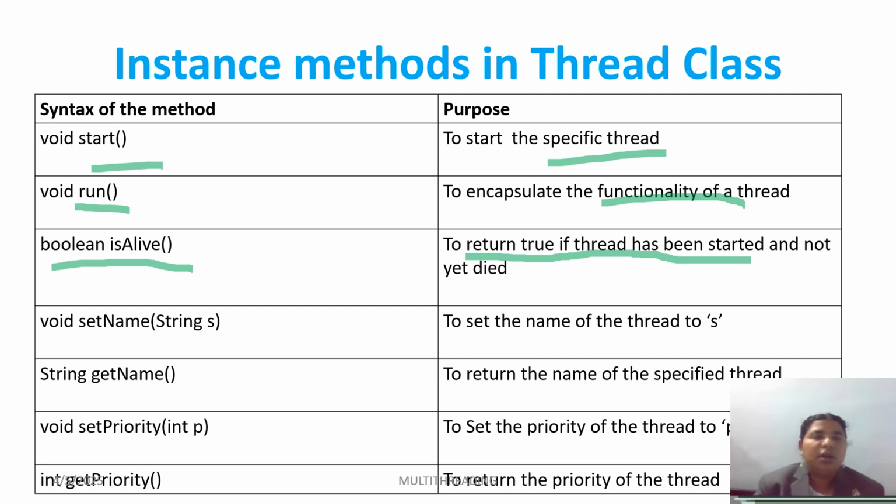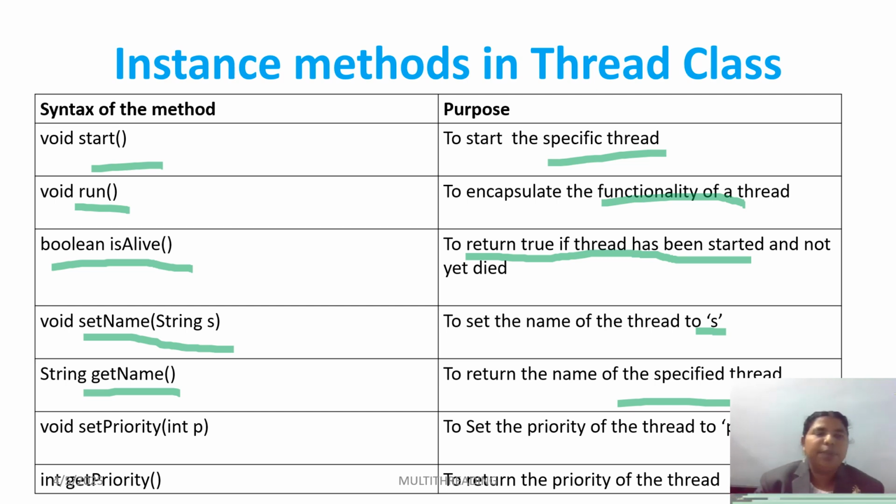There is a method called void setName with the argument s. This method is used to set the name of the thread to the string value s. The next method is String getName. It is used to return the name of the specified thread.